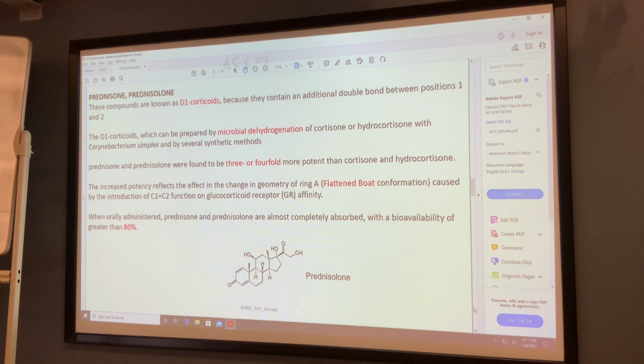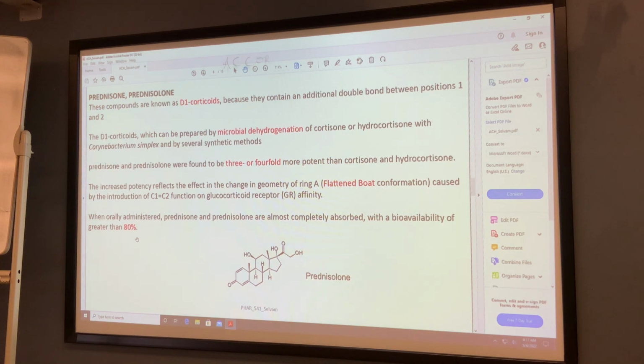The bacterium used for this synthetic reaction is Corynebacterium simplex. Prednisolone compared with hydrocortisone is 3 to 4 fold more active. The reason is that ring A adopts a flattened boat conformation because of the 2 double bonds, which gives the compound higher affinity for the glucocorticoid receptor.